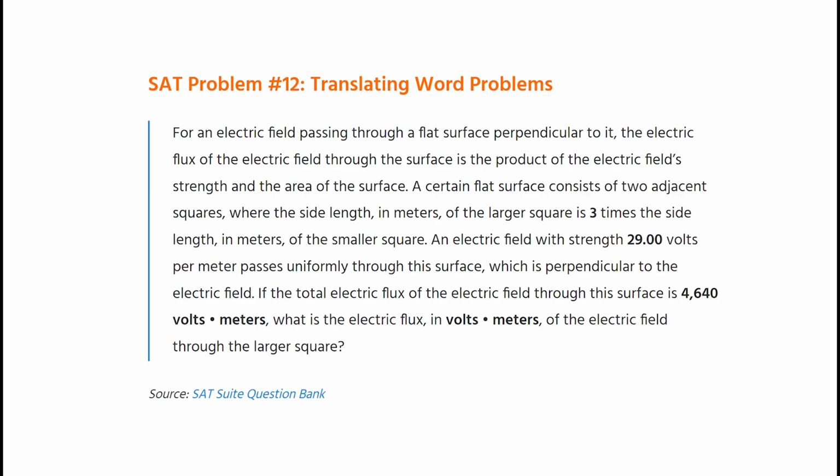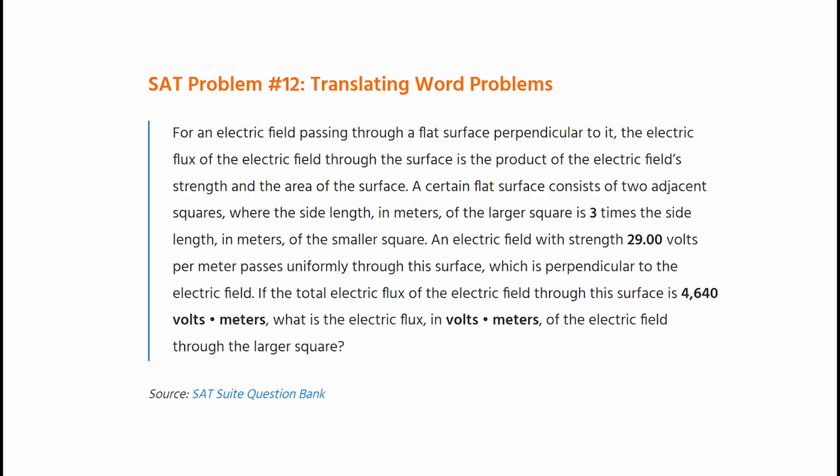An electric field with strength 29 volts per meter passes uniformly through this surface, which is perpendicular to the electric field. If the total electric flux of the electric field through this surface is 4,640 voltmeters, what is the electric flux in voltmeters of the electric field through the larger square?